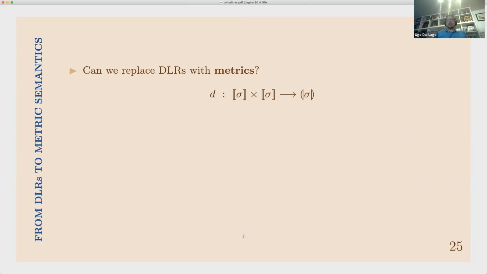So you can think about metrics in the following form: maps which take a pair of denotations of elements of sigma and give you the distance between them.